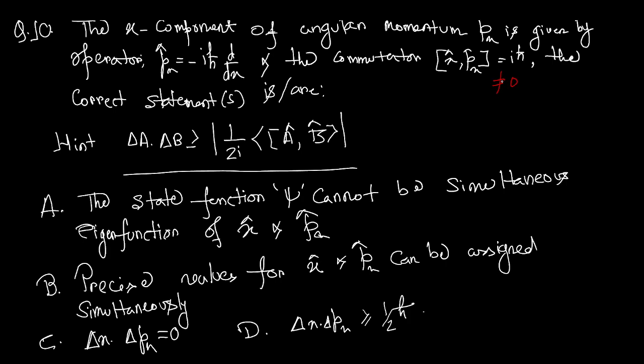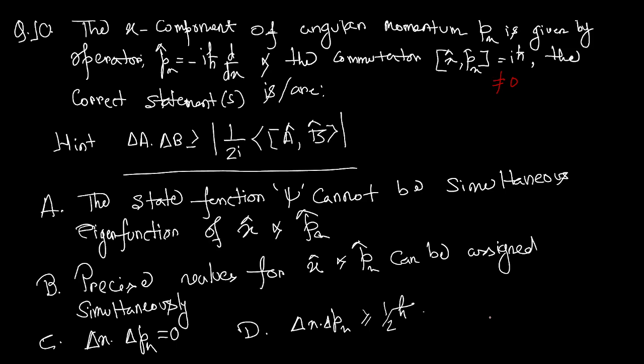Then it can be said that you can precisely measure x and px for a state function psi. So the second option is incorrect, as this value is not equal to 0.